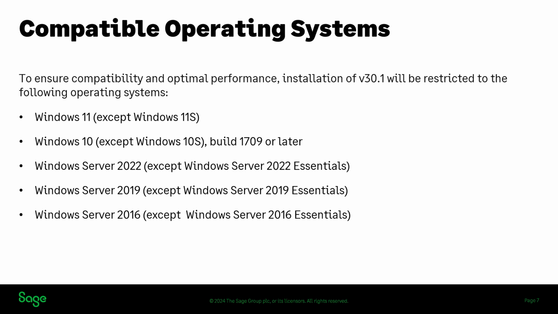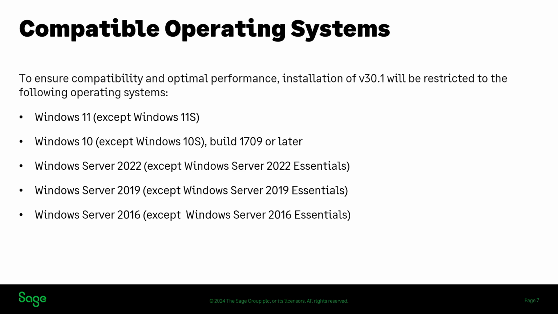So this includes Windows 11, Windows 10, and if you're using a server, you must be using Server 22, Server 2019, or Server 2016. So users who are not on these systems are encouraged to upgrade to a more recent version of Windows to access the latest features and security enhancements.